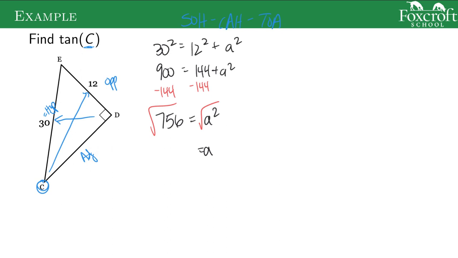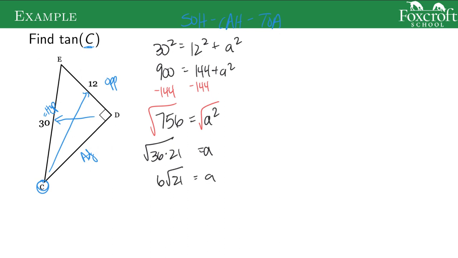All right, so 756, is it divisible by any perfect squares? All right, 64 doesn't work. 49 doesn't work. 36 does work. All right, so square root of 756 is 36 times 21. And the square root of 36 is 6. So 6 square root of 21 is A.